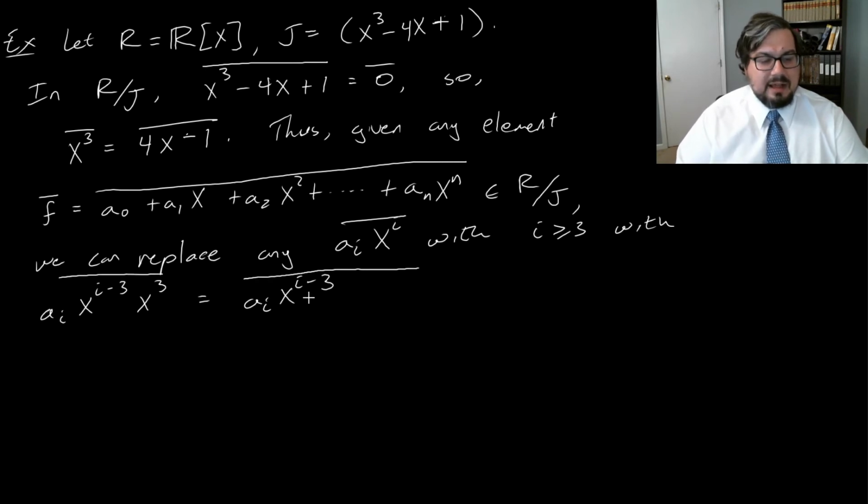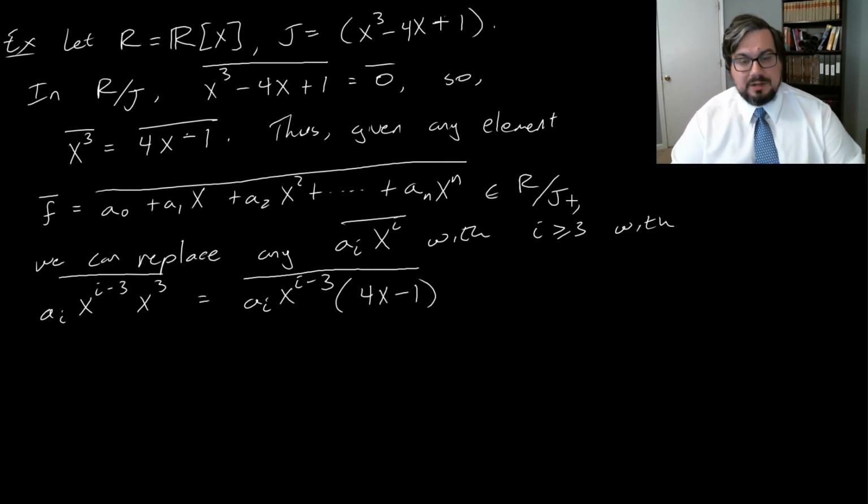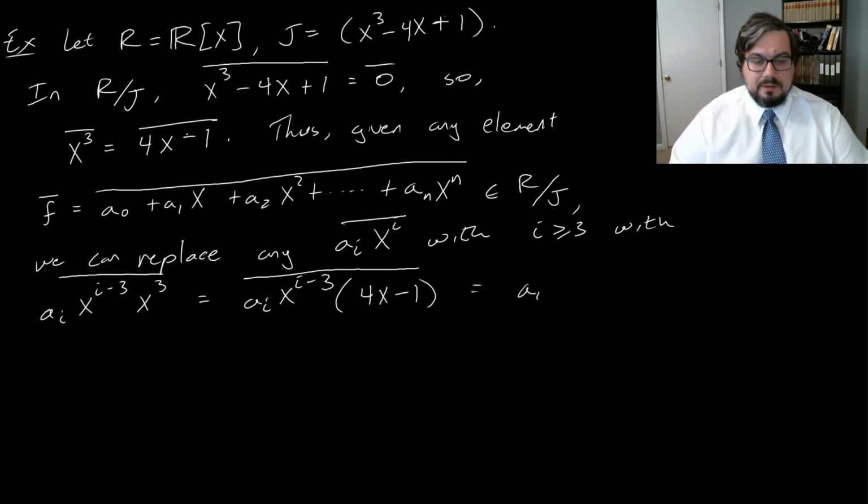Now x cubed becomes 4x minus 1, because we're working in R mod J, which gives 4 ai x^(i-2) minus ai x^(i-3).